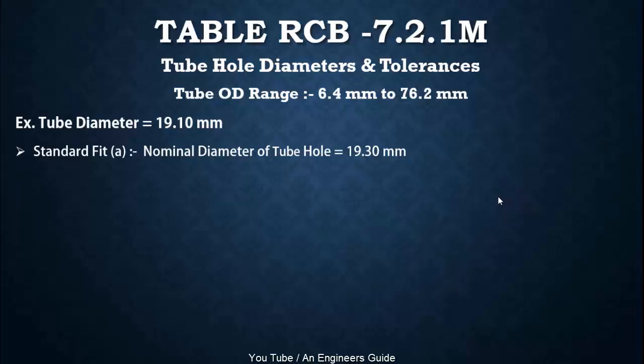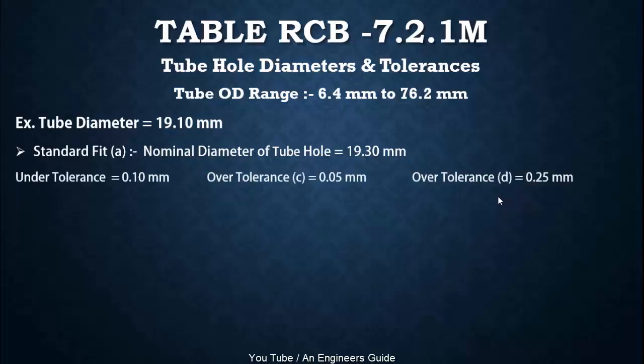If your applicable fit is a standard fit, then the nominal diameter of the tube hole will be 19.30 mm with under tolerance of 0.10 mm and over tolerance of 0.05 mm as per column C and over tolerance 0.25 mm as per column D. The question in your mind might be why there are two different values for over tolerance. Just hold that question in your mind for a while and let's move forward.